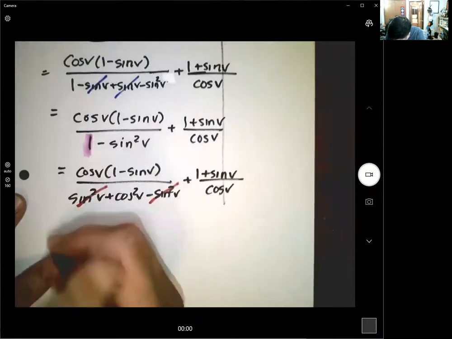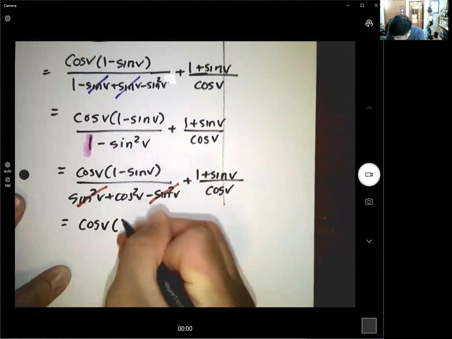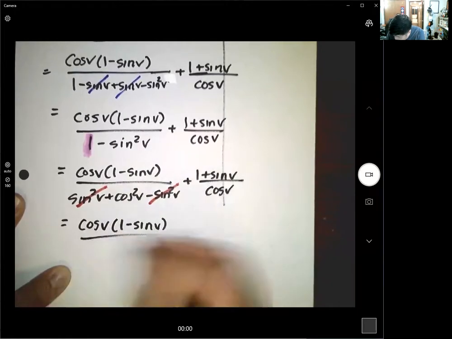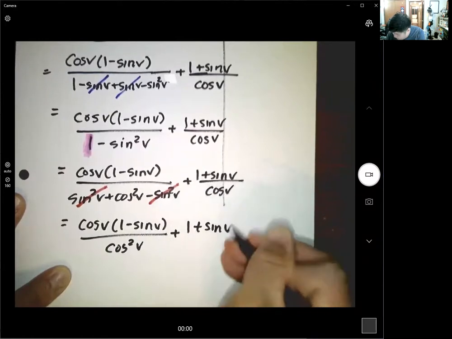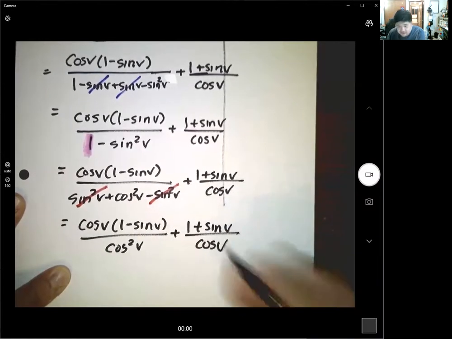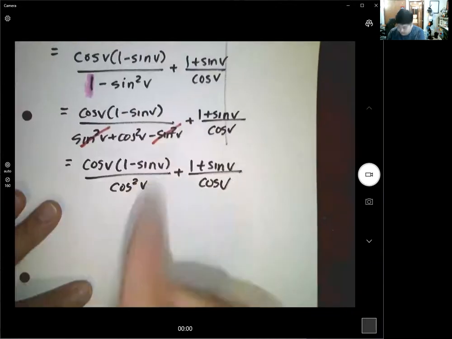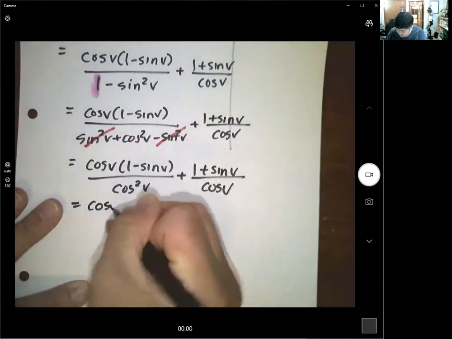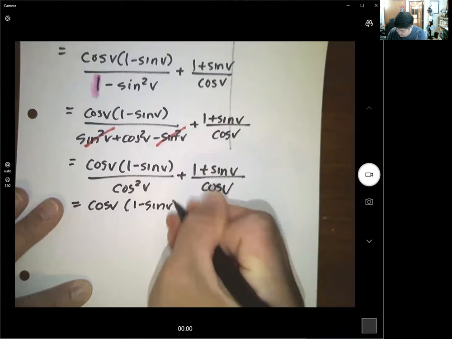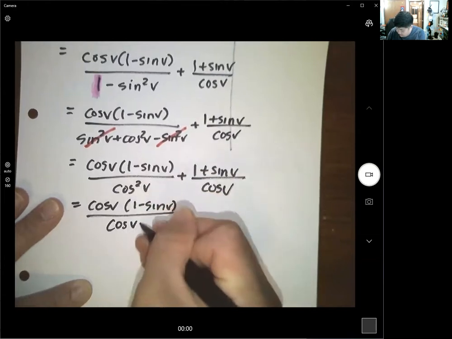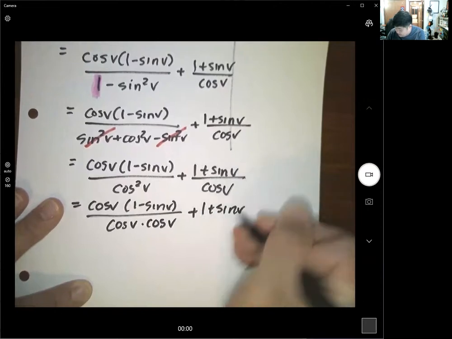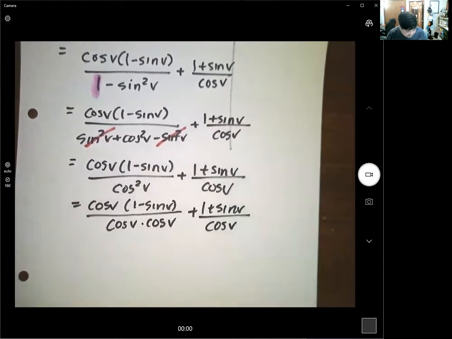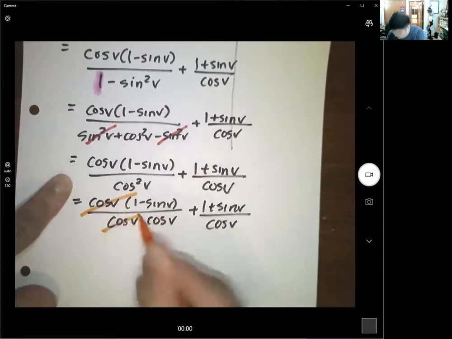So we're left with cosine of v times 1 minus sine of v all over cosine squared v plus 1 plus sine of v all over cosine of v. But this cosine squared v is actually going to be cosine of v times cosine of v plus 1 plus sine of v all over cosine of v. And here I have a cosine of v that divides out.